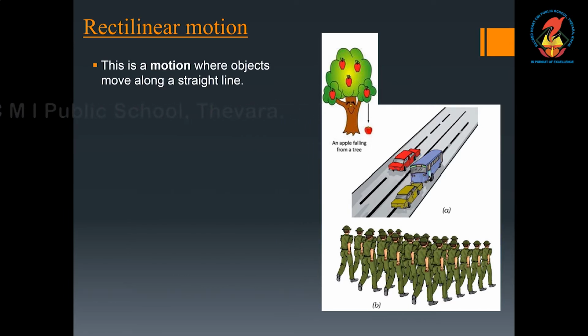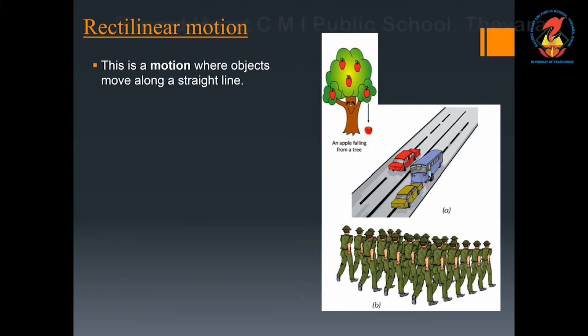The earth attracts all objects towards its center, and the object moves in a straight line. That's an example of rectilinear motion. Then the march past of the soldiers in a parade, they also move in a straight line.